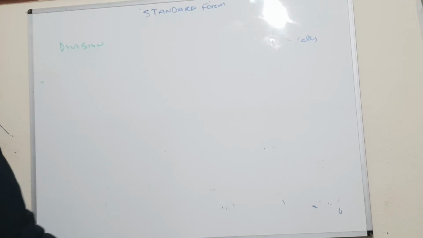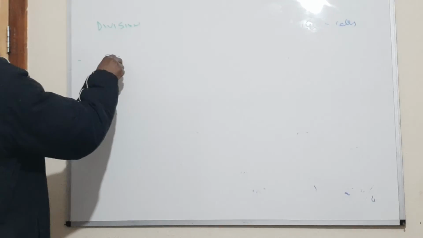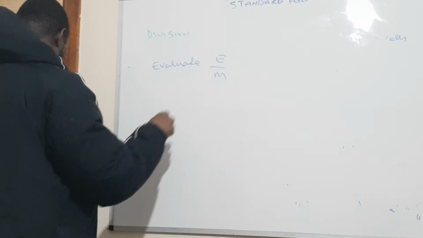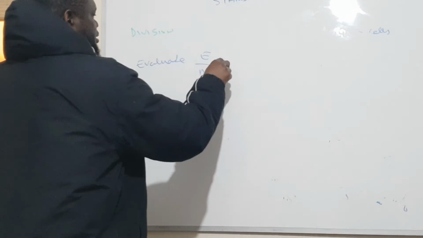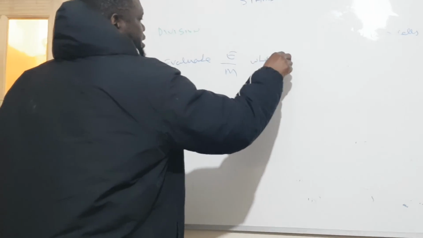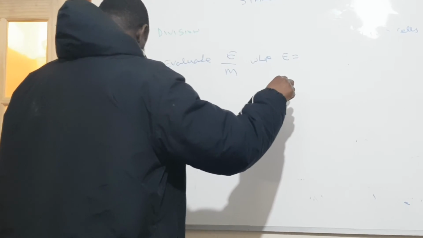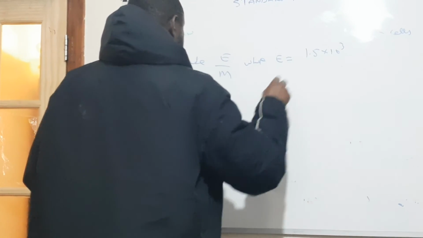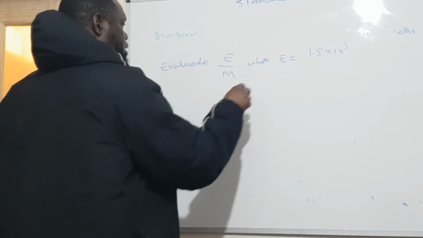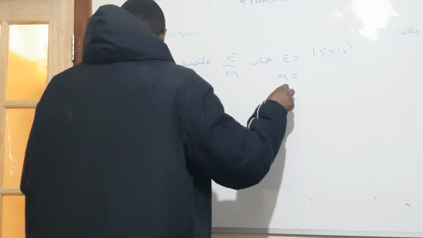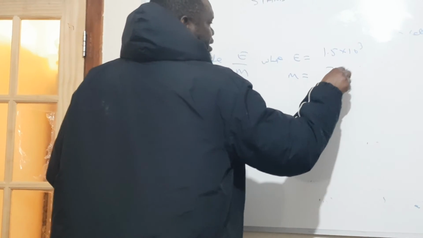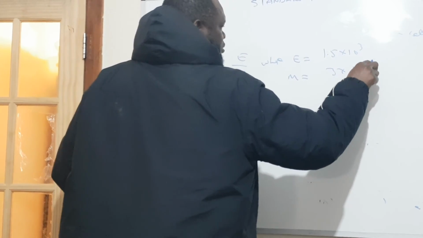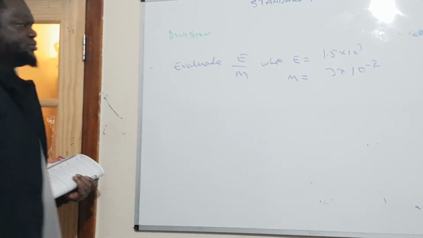The first question you open says evaluate E over M. Okay, where E is equal to 1.5 times 10 to the power 3 and M is equal to 3 times 10 to the power minus 2. What do you do?